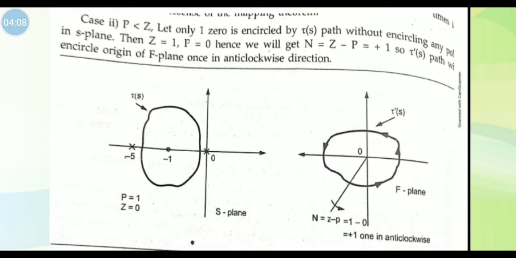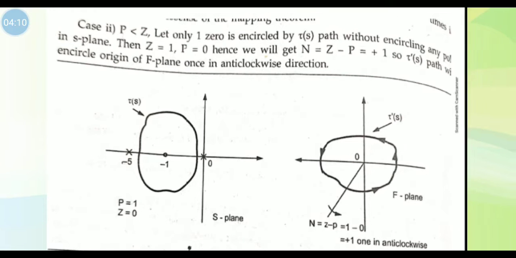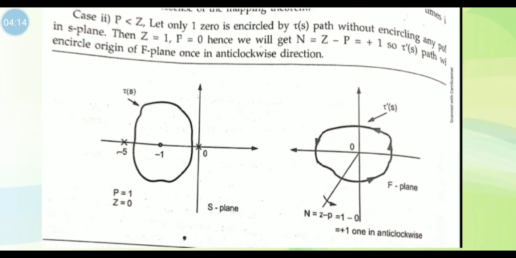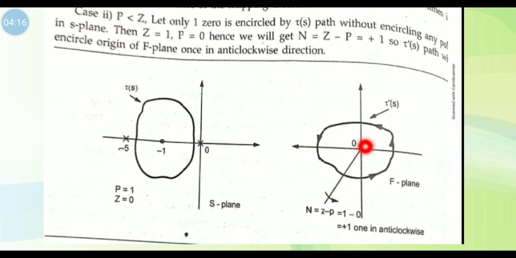So this is F plane. So Γ'(s), when it is drawn, will encircle once in anti-clockwise direction. So N is Z minus P, which is 1 minus 0, 1 in anti-clockwise. Why? Because it is positive.